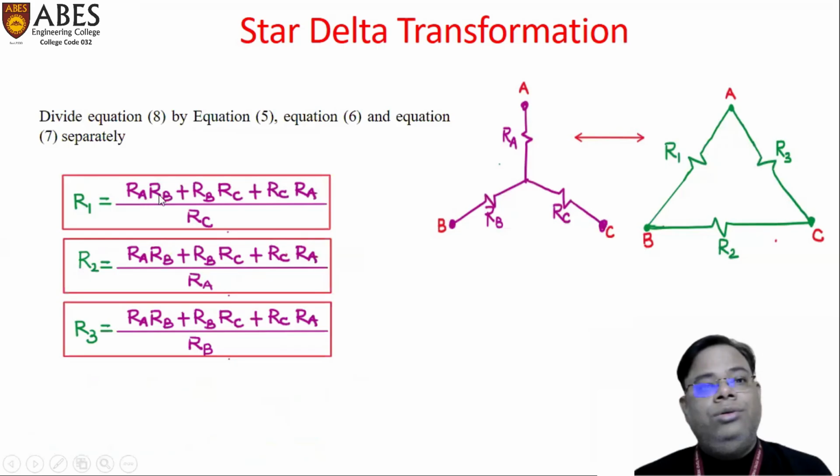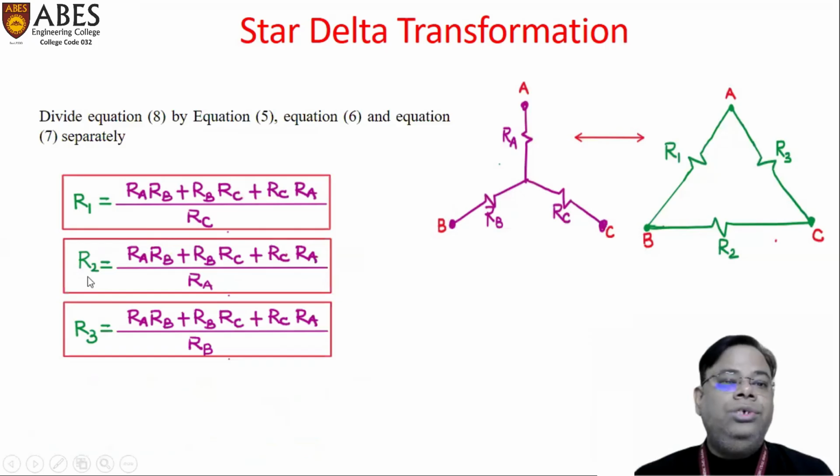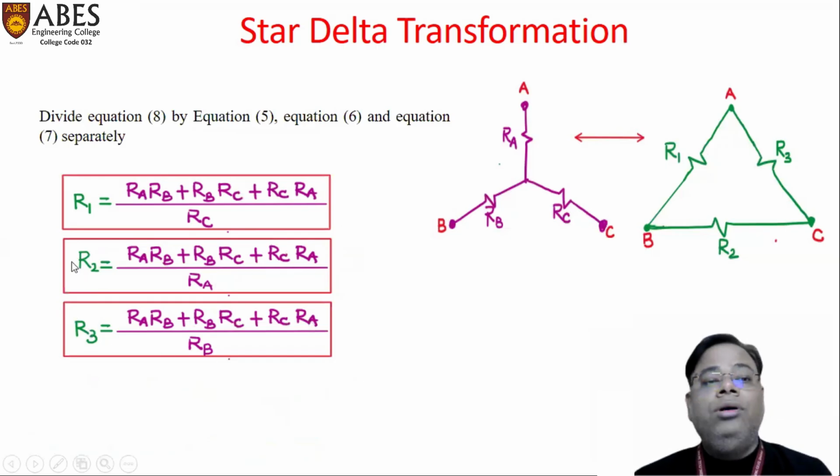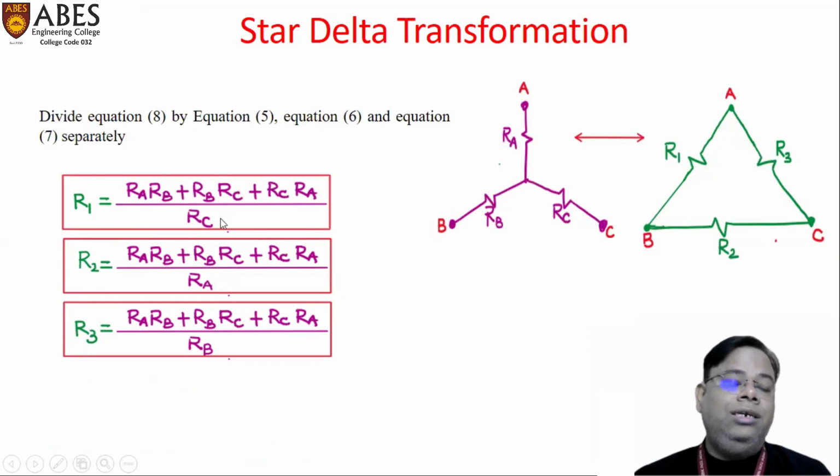R1 is equal to RA RB plus RB RC plus RC RA divided by RC. R2 is equal to RA RB plus RB RC plus RC RA divided by RA. And R3 is equal to RA RB plus RB RC plus RC RA divided by RB. These are the expressions of delta connected resistances in terms of star connected resistances.